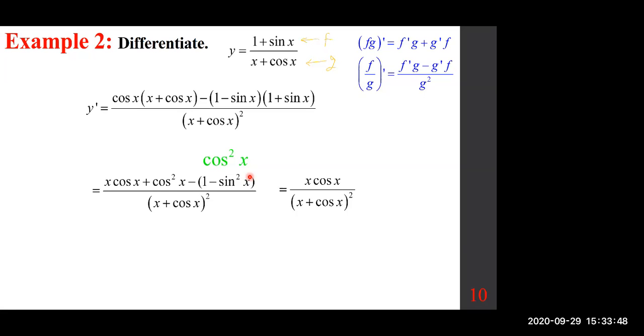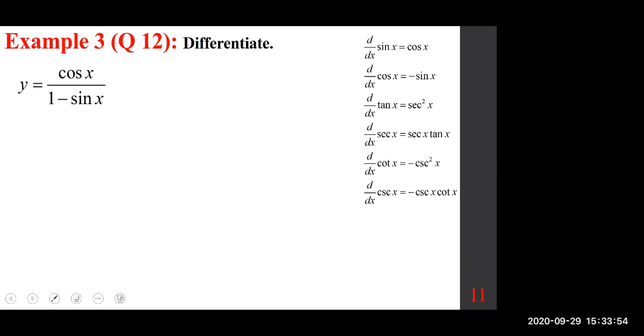Let's look at more examples. We're going to repeat the same thing using the quotient rule.